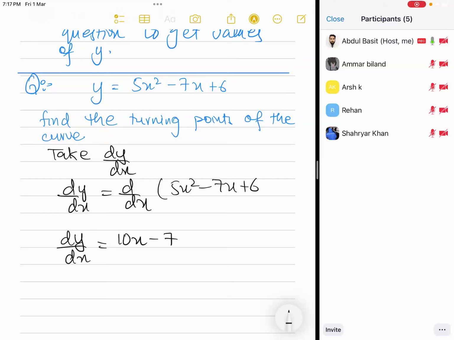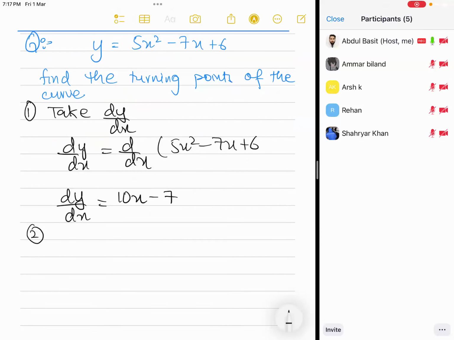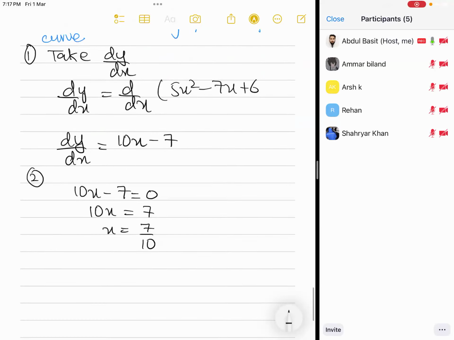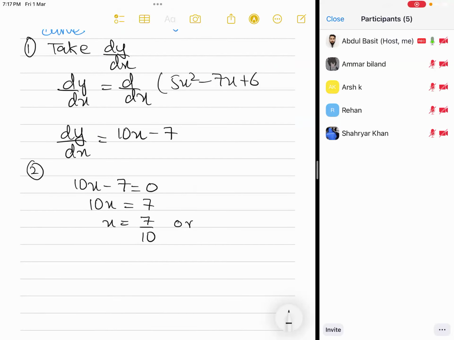Right, Rehan? Arsh, Amar, right? Yes, sir. Okay. Second step is put the derivative equal to 0. So 10x minus 7 is equal to 0. Solve for x. So 10x is equal to 7, so x is equal to 7 divided by 10, or 0.7.